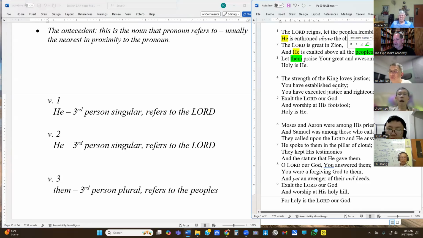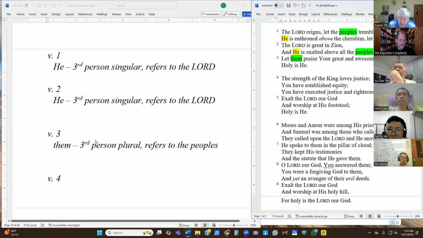Yeah, you go to the nearest possibility. So let's go back. Well, who's the last group of people or last person mentioned? It was the peoples. And it's mentioned twice there in verses 1 and 2. So that's the reference. Okay, great.